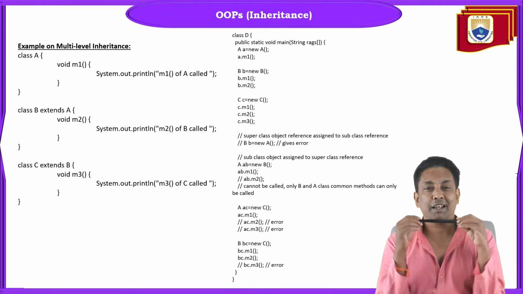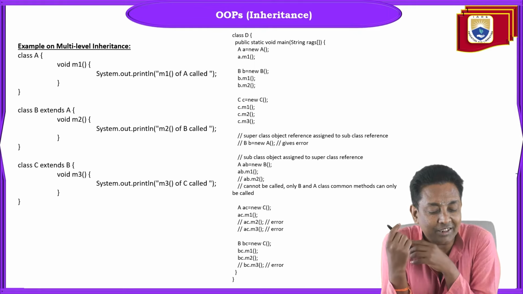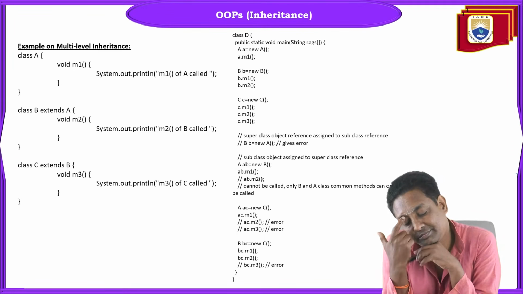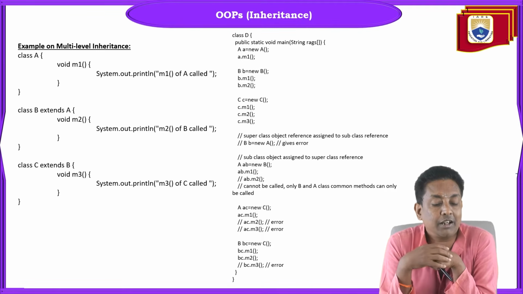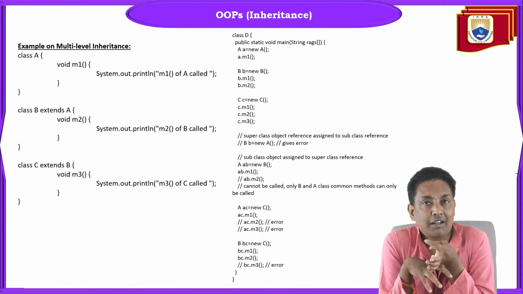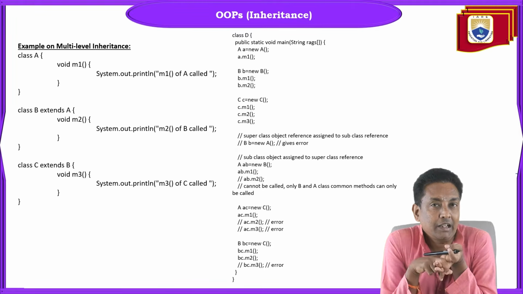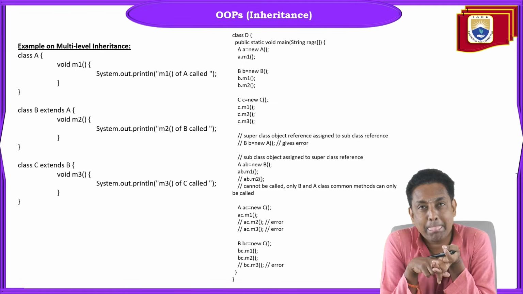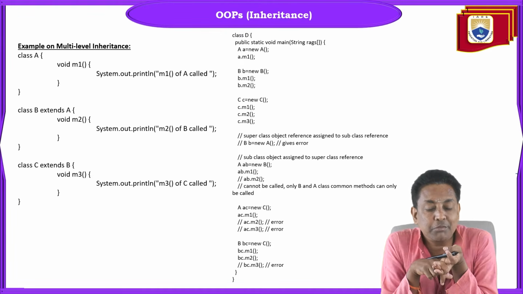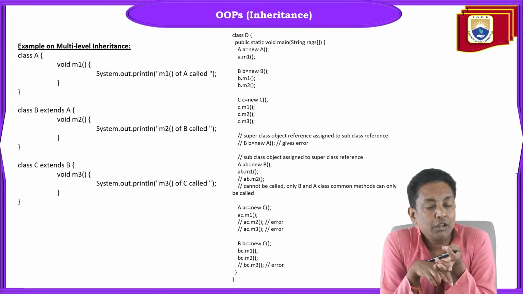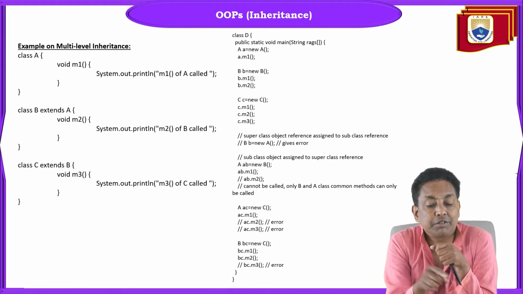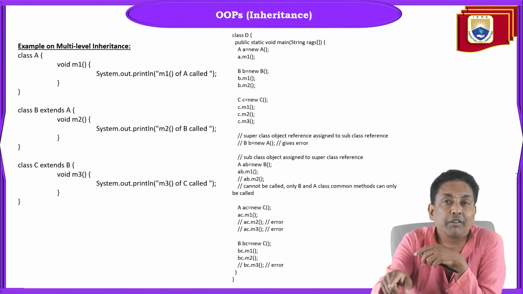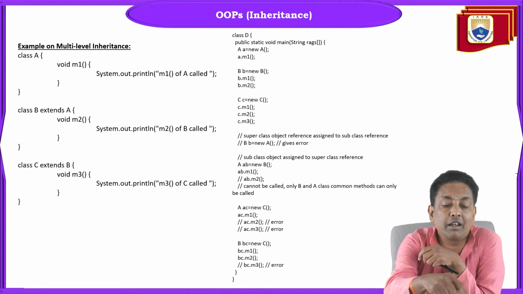Here is one beautiful example on multi-level inheritance. If you look at this code carefully, on the left-hand side I've written three classes: class A, class B, class C. In class A, we have only one method called M1, with a System.out.println that says M1 method of A class called.